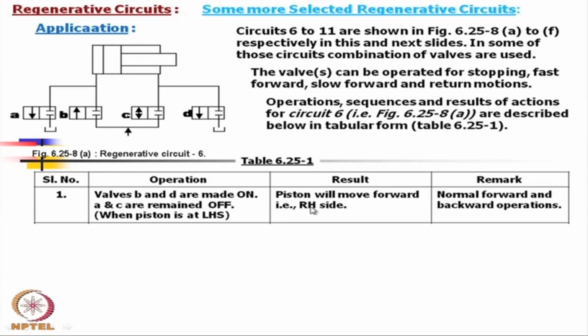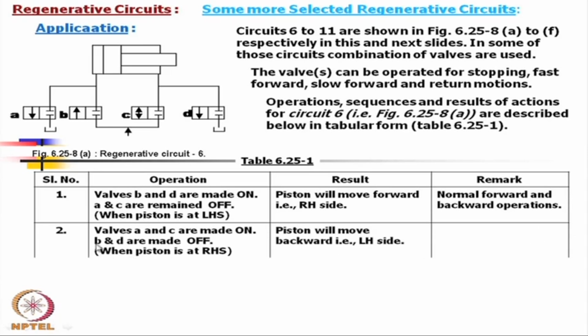The piston will move forward, that is, to the right hand side. We have connected this path, we have connected this path. Okay. So, oil is going through this, and oil is going back to the tank through valve D. So, normal forward and backward operations in that case. Okay.